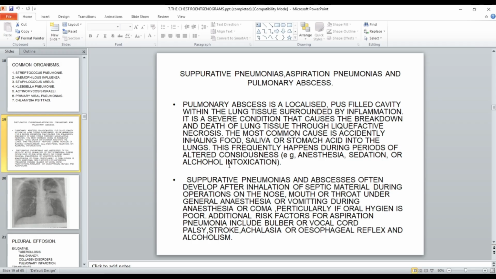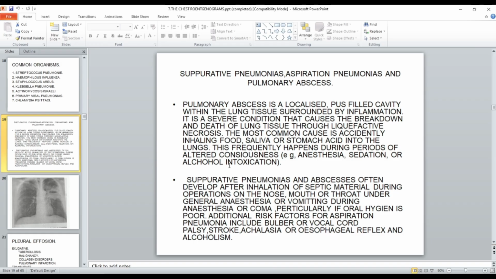This frequently happens during periods of altered consciousness, that is during anesthesia, sedation, or alcohol intoxication. Suppurative pneumonias and abscesses often develop after inhalation of septic material, during operations on the nose, mouth, and throat under general anesthesia, or vomiting during anesthesia or coma, particularly if oral hygiene is poor.